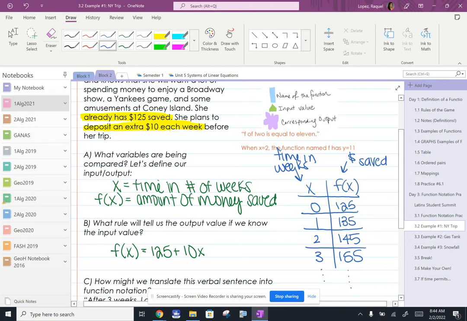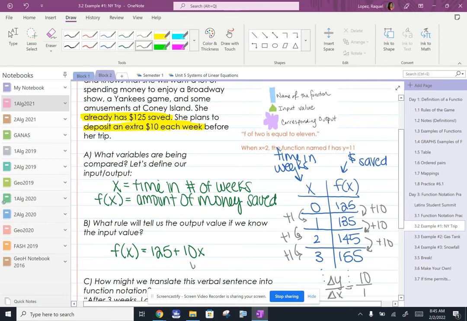So if we set up a table, we can figure out our slope, because that's what we're doing when we're writing a rule. We're writing an equation. We can see that our change in y is going up by 10, plus 10, plus 10, plus 10. This is going up by 1, up by 1, up by 1. So our change in y over change in x is 10 over 1, or just 10.